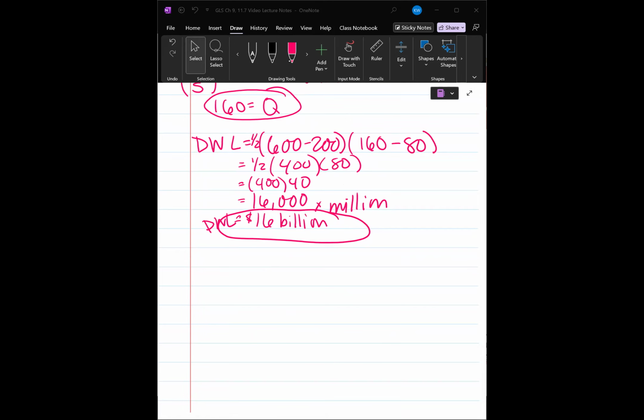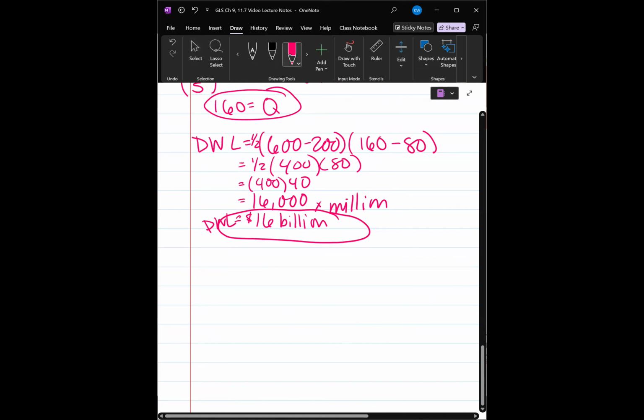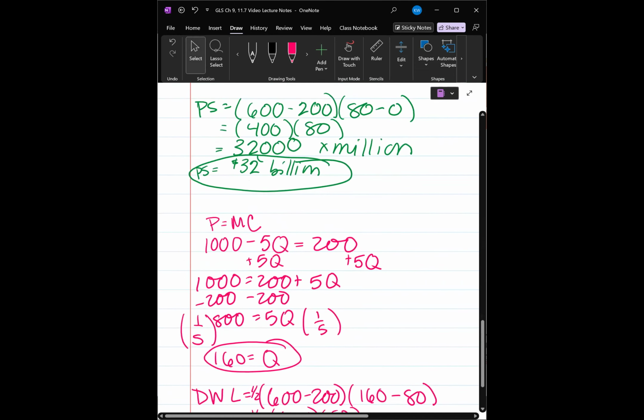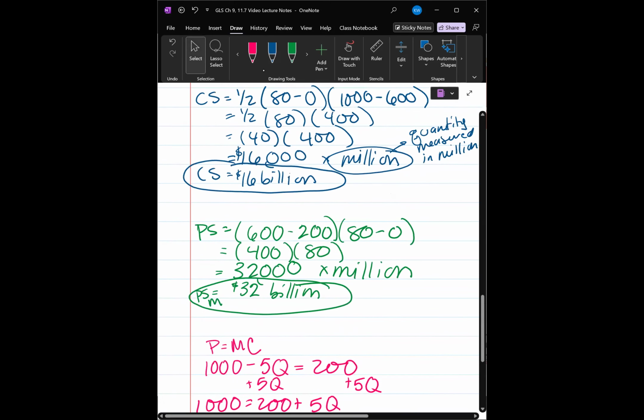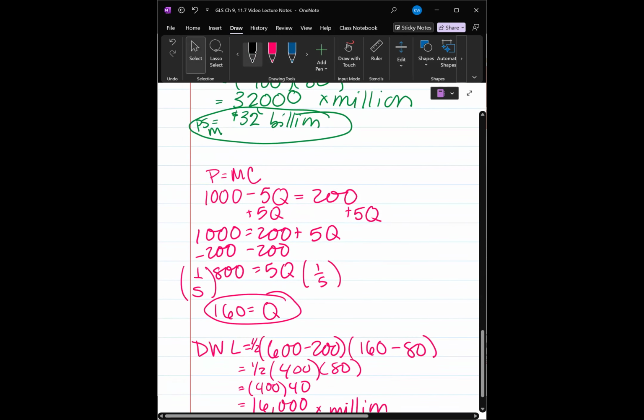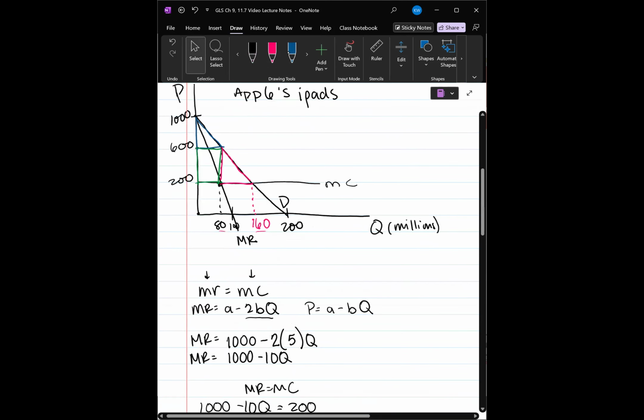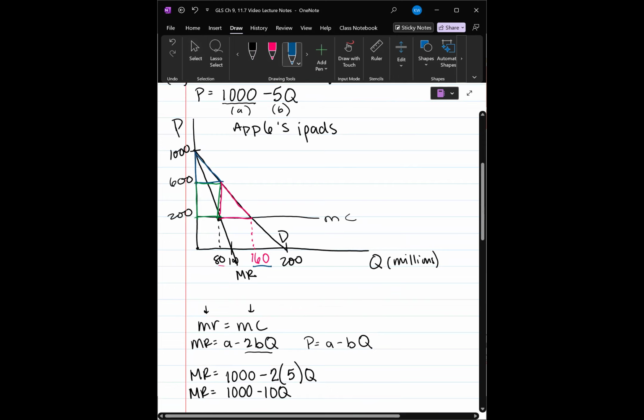All right, so let's find the distribution of surplus when Apple is a perfectly competitive firm, so we can compare it to when it is a monopolist. So I'm just denoting here all our monopoly values before we move on to perfect competition. So in perfect competition, our output again is 160 at a price of 200.